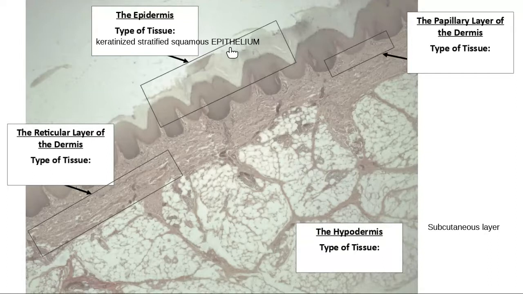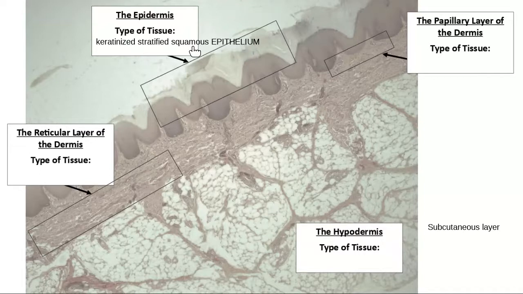In the body, we have 4 main types of tissues. There's 4 types. So far, a couple weeks back when we last had lab, we looked at 2 of those 4 types. We looked at the epithelial tissues, which are things like this keratinized stratified squamous epithelium.